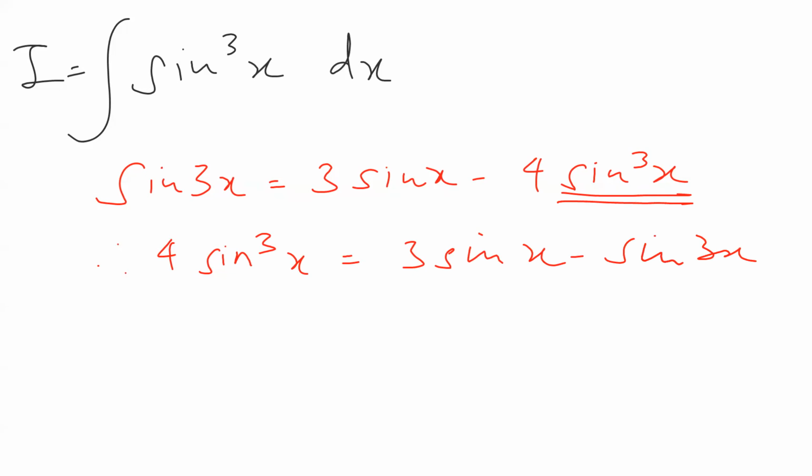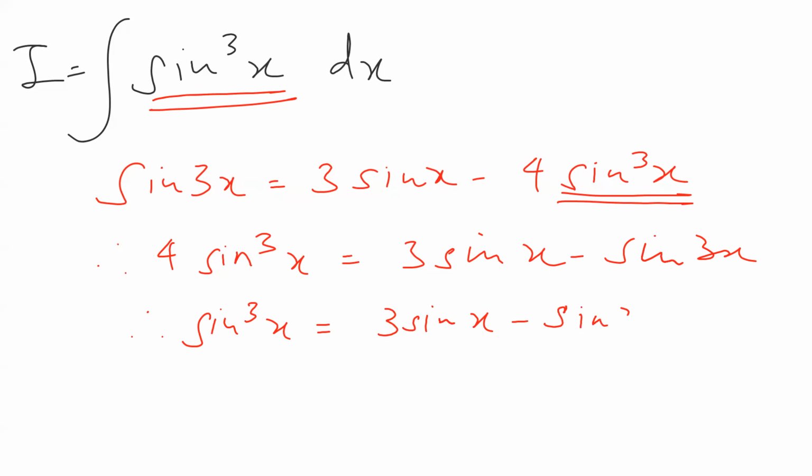I have to extract the value of sine cube x. We require this sine cube x. So sine cube x is what? 3 sine x minus sine 3x upon 4.